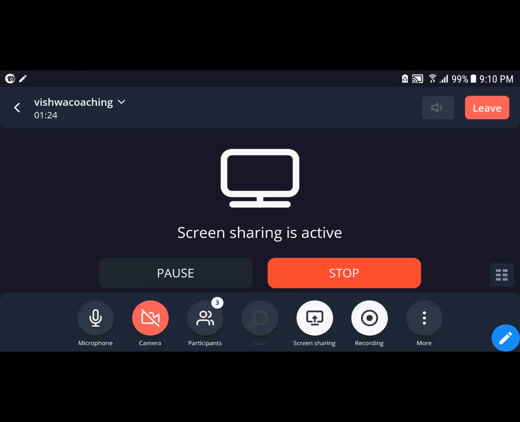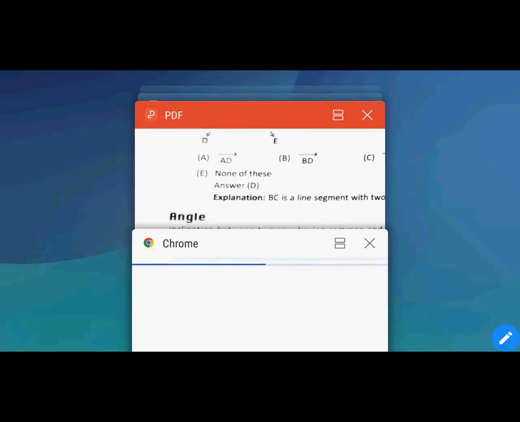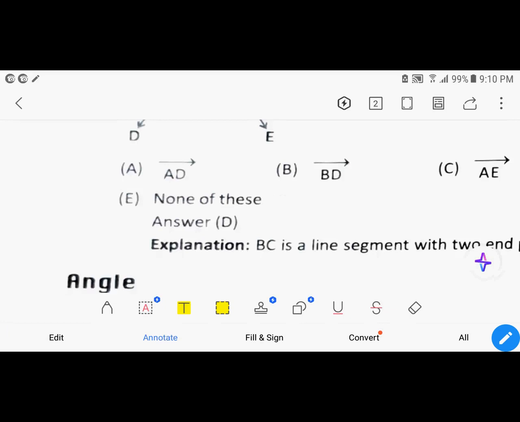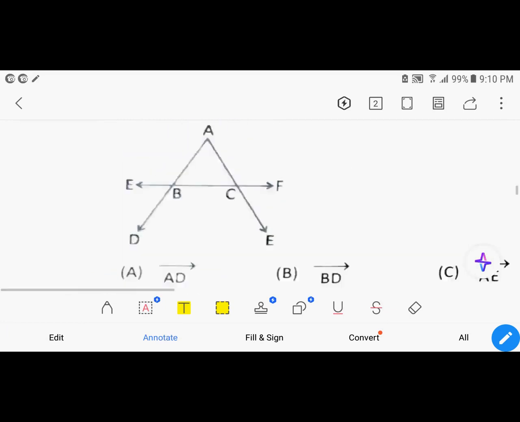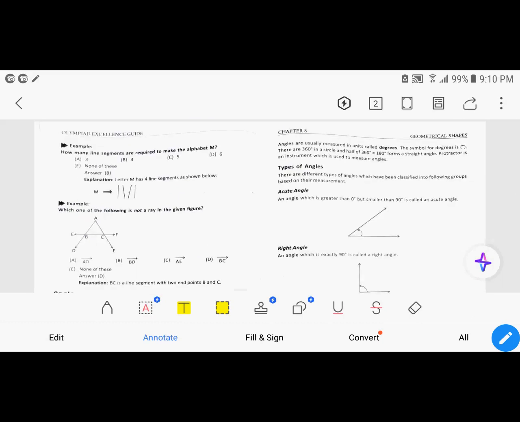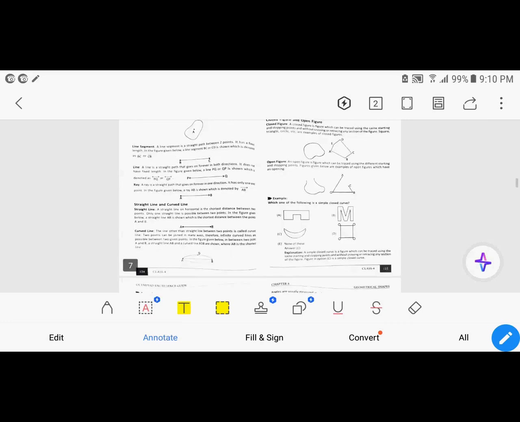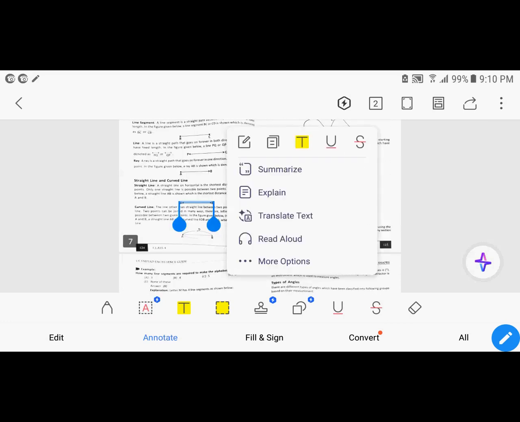Okay, so in the last lecture, we had started the topic geometrical figures. What we learned in the last lecture, we'll just revise quickly, and then we'll move ahead.